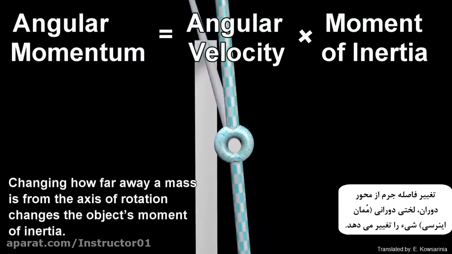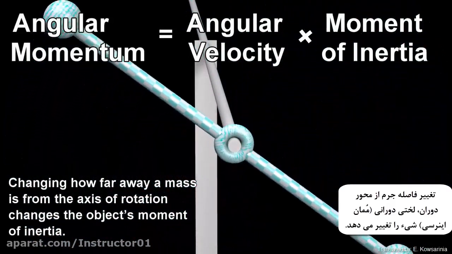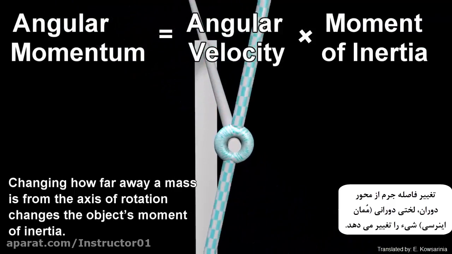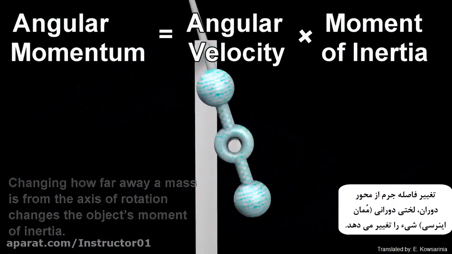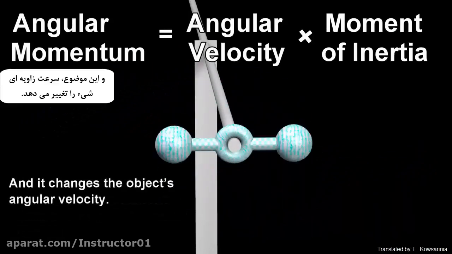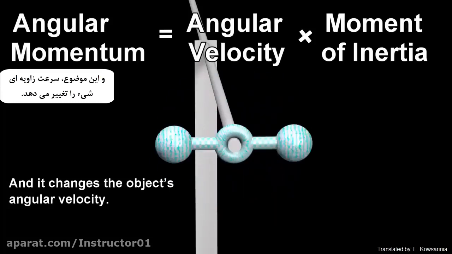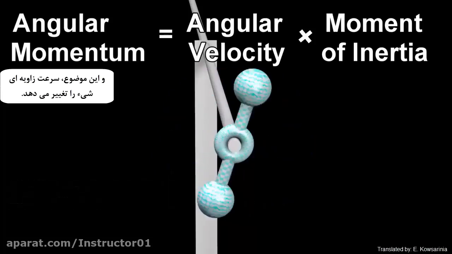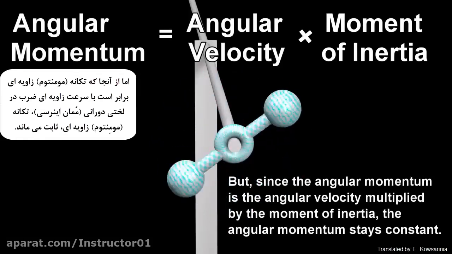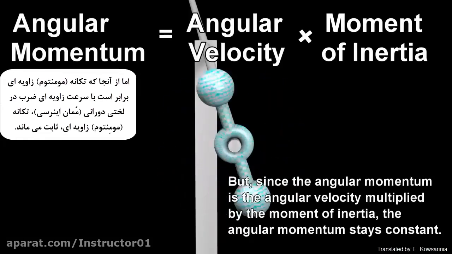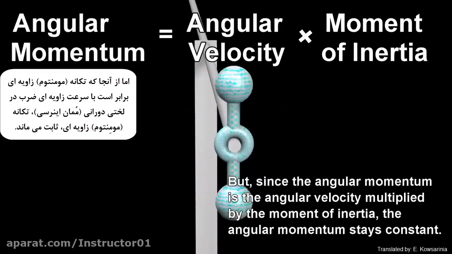Changing how far away a mass is from the axis of rotation changes the object's moment of inertia, and it changes the object's angular velocity. But since the angular momentum is the angular velocity multiplied by the moment of inertia, the angular momentum stays constant.